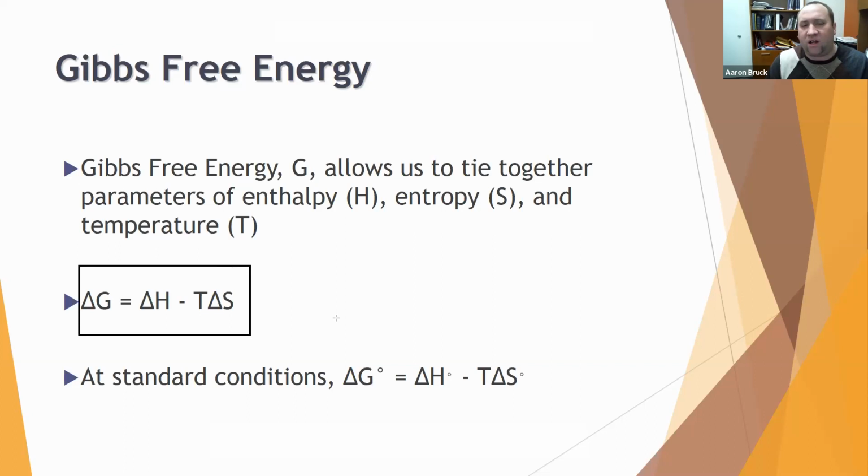This is the Gibbs free energy equation. Delta G, the change in free energy, is equal to delta H, the change in enthalpy, minus T delta S, the temperature in Kelvin multiplied by the change in entropy. If we are at standard conditions, recall that standard conditions are near room temperature, 298 Kelvin, and one bar of pressure, or closely estimated 1 atmosphere of pressure.